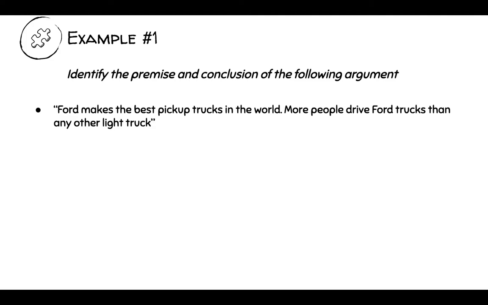You could say, wow, I see a lot of Ford trucks around here. More people drive those than any other light truck. That would be a premise. Now, if you wanted to go and make a conclusion like, oh, they must make the best pickup truck in the world, then that would be supported by your premise. And so in this statement, the second sentence is actually our premise, and the first sentence is our conclusion.